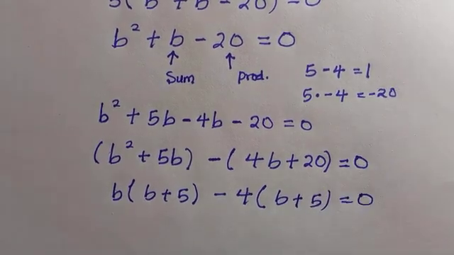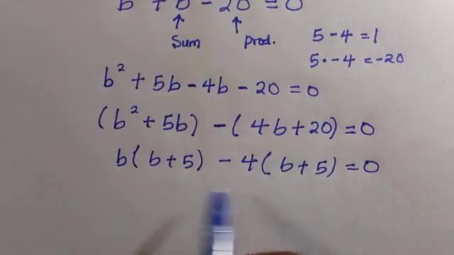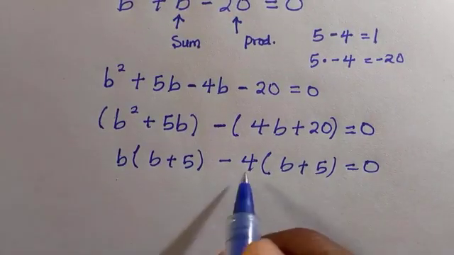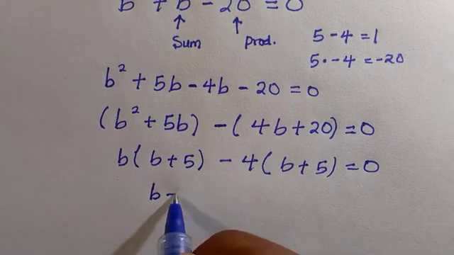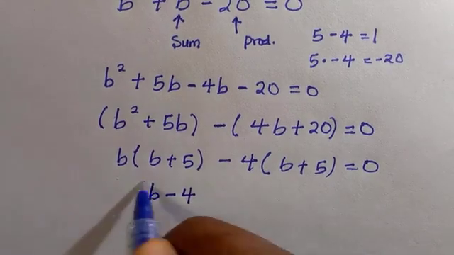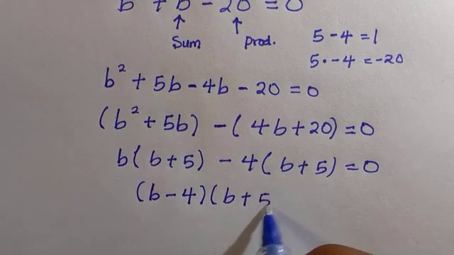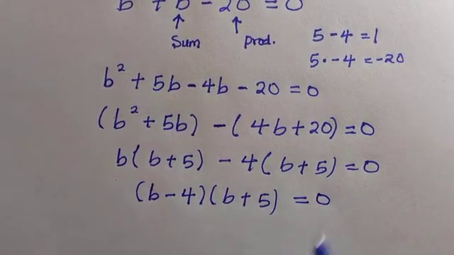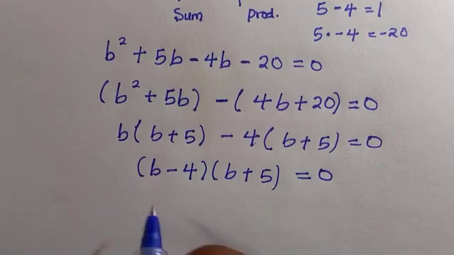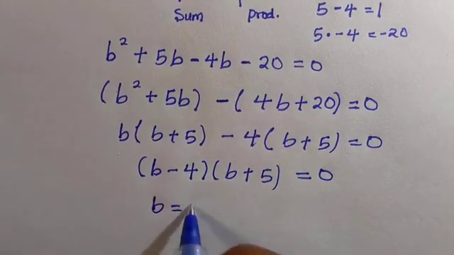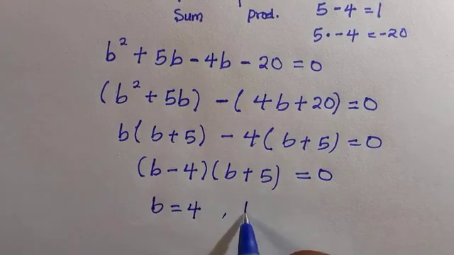So we have b plus 5 common, and we take their coefficients together, which is b minus 4, and pair it with b plus 5. Everything equals 0. Then we know from here that b equals 4, or b equals minus 5.